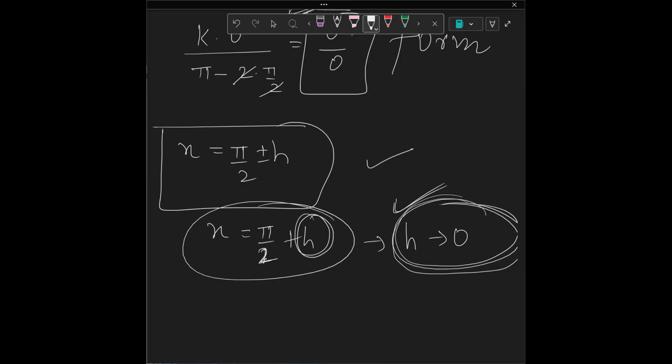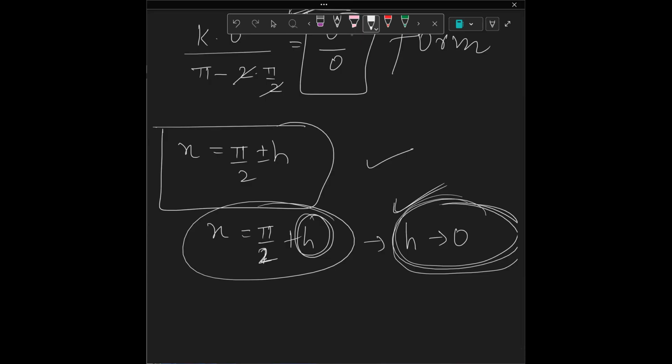Just imagine when your h is approaching to 0, then you are approaching to pi by 2. मैथमेटिकली देखोगे तब भी समझ आएगा. अगर h की वैल्यू 0 होते जाएगी, जितना 0 के नजदीक जाएगी, उतना हम x इक्वल्स टू पाई बाई 2 के और पास होंगे. समझ आ रहा? जी सर.